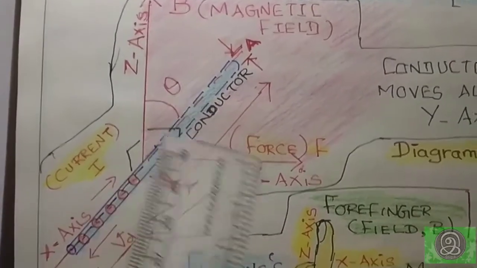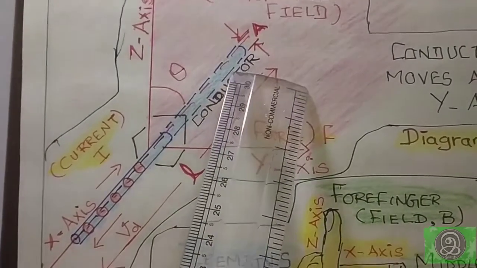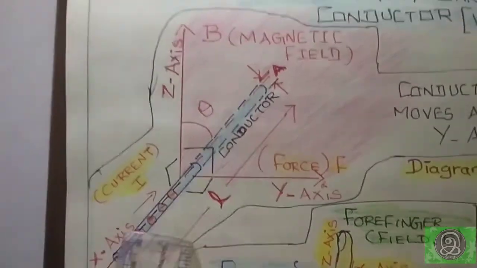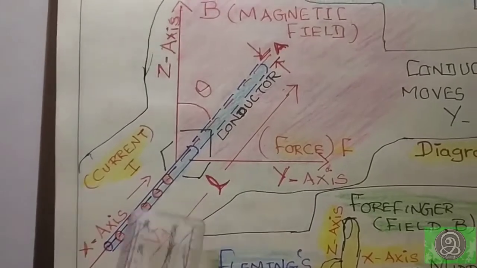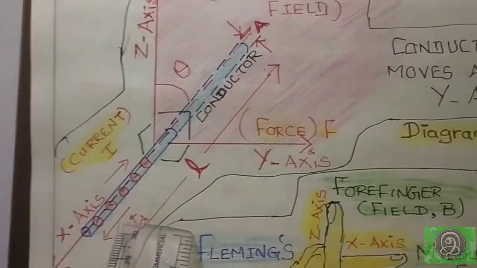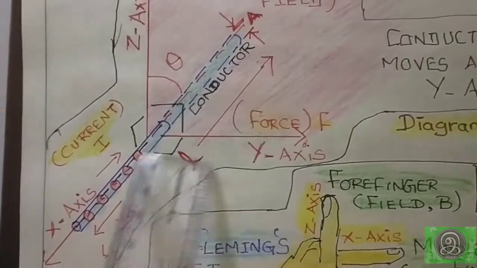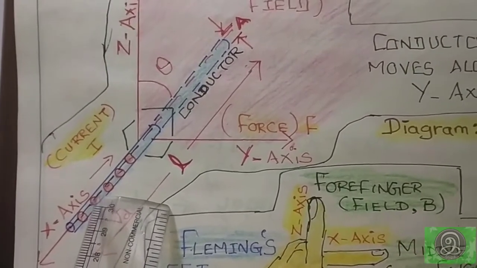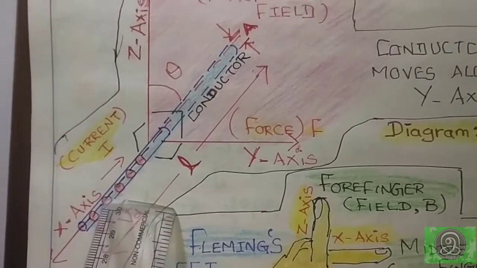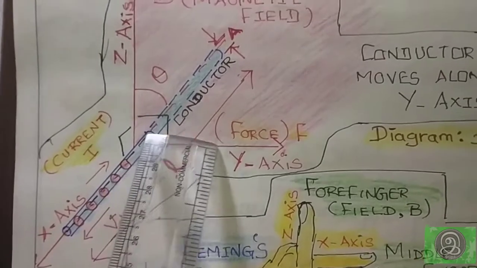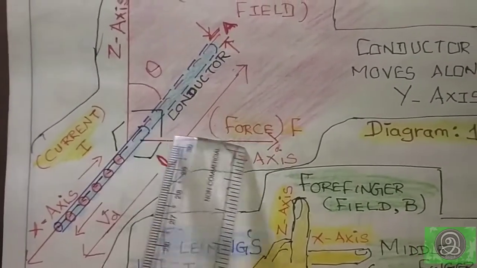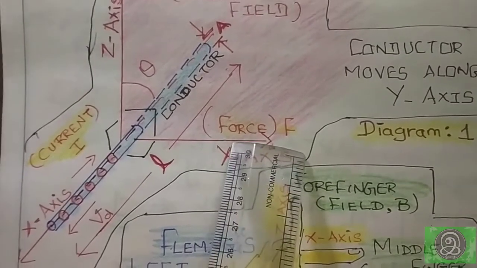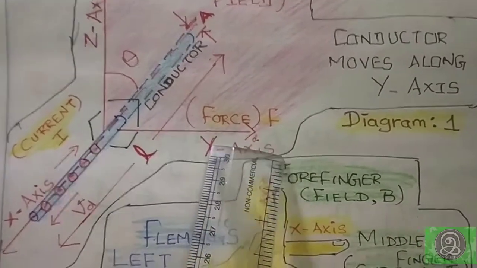If any current carrying conductor is placed in a magnetic field, the electrons present inside the conductor will experience a magnetic Lorentz force. So this total number of free electrons will make the whole conductor move along y-axis. So this is the direction of force.